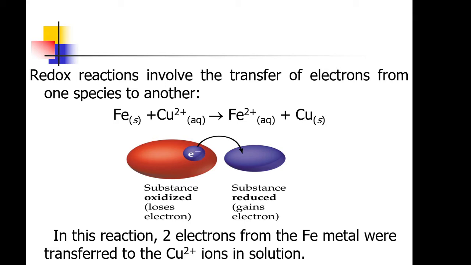Like magic. I have a solution, I drop a piece of iron in it, and the iron turns into copper. What's really happening is that there's a transfer of electrons where iron goes from not being ionized to being ionized and soluble in water, and copper goes from being ionized to not being ionized and insoluble in water and falls out.